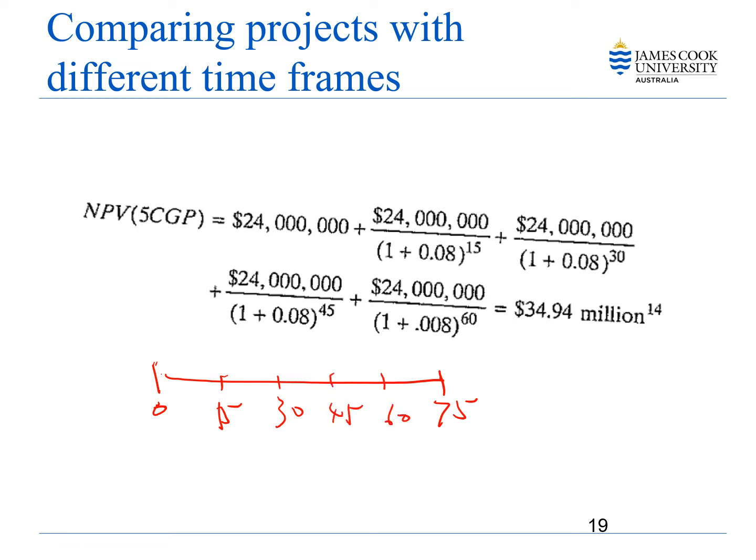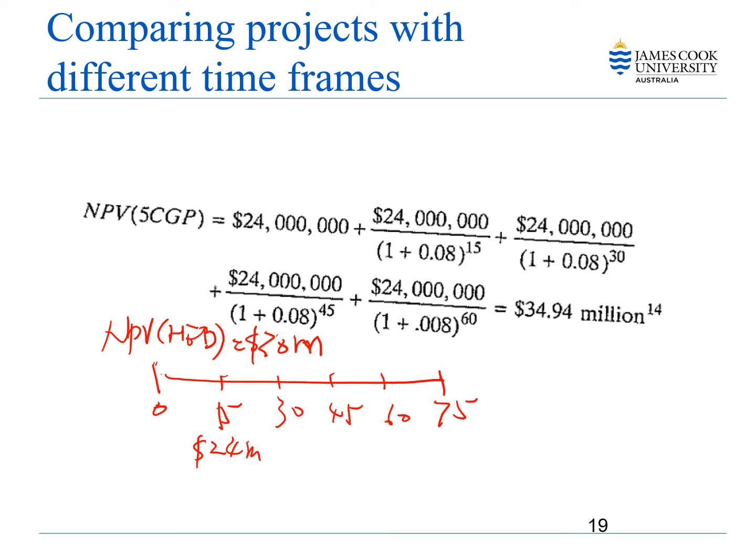Okay, so the hydroelectric dam project has an NPV of $30 million. The cogeneration project is $24 million, but it only lasts for 15 years.